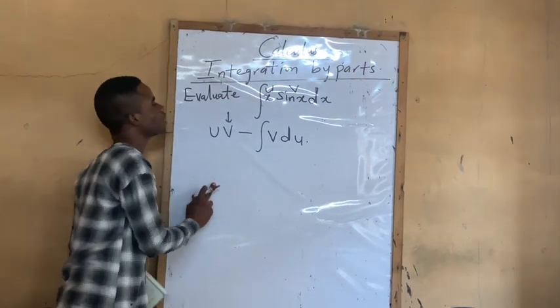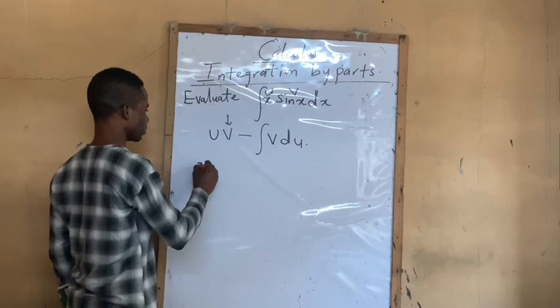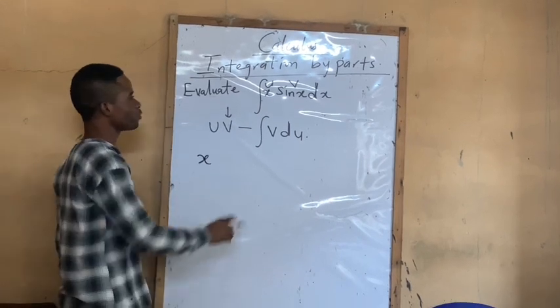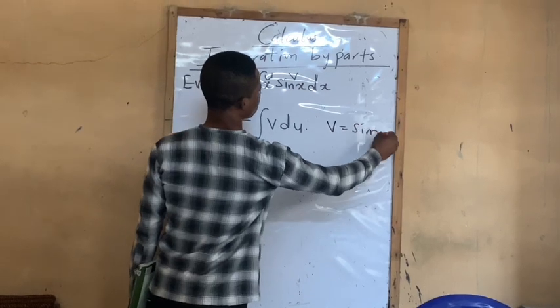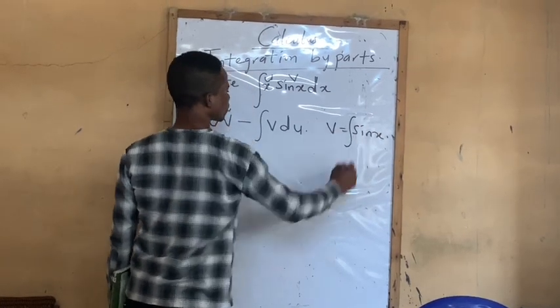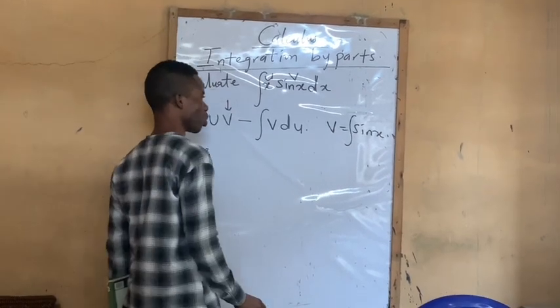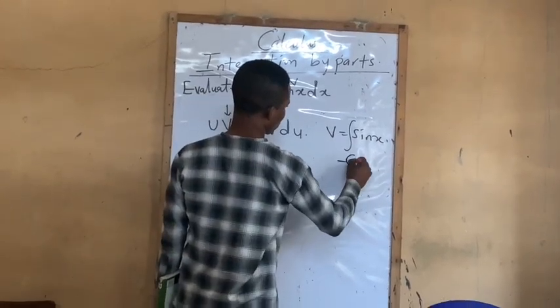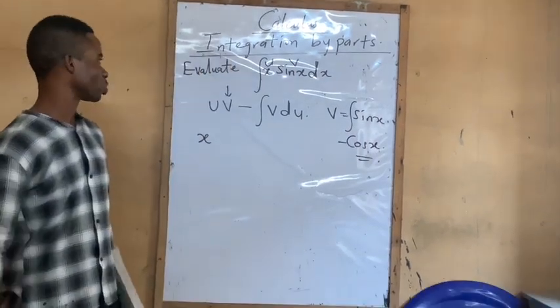Please do not forget. Now, what is my u? My u is actually x. And what is my v? My v is sine x. And what is the integration of sine x? The integration of sine x is minus cos x.